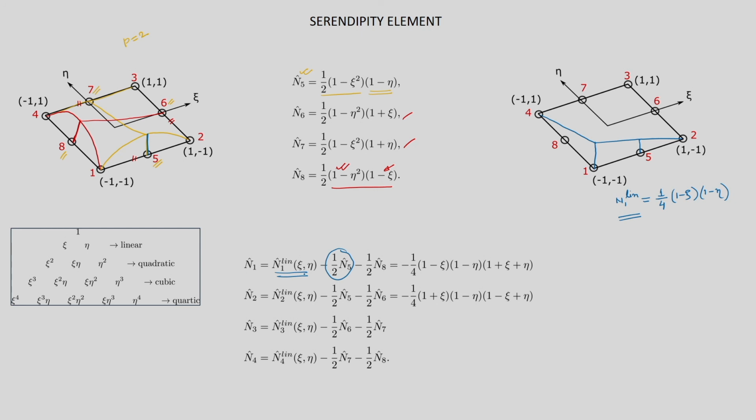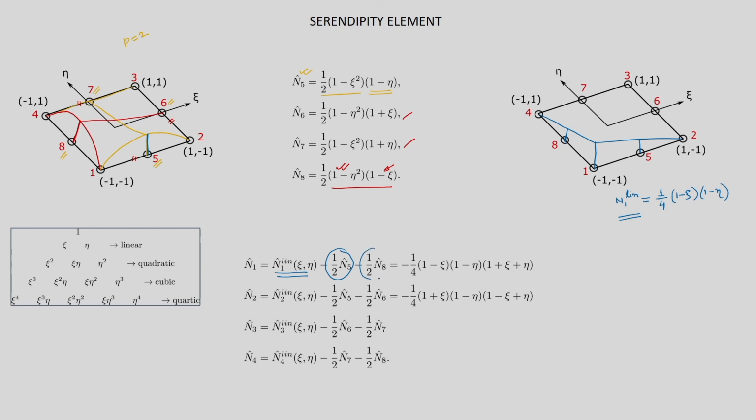That makes N1 0 at node 5. Similarly, in order to ensure that N1 is 0 at node 8, since N1 linear is half at node 8, we will multiply half with N8 and subtract it from N1 linear.